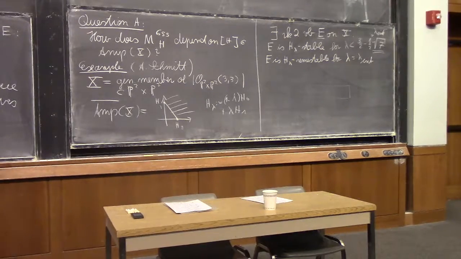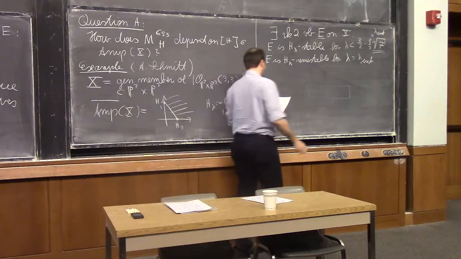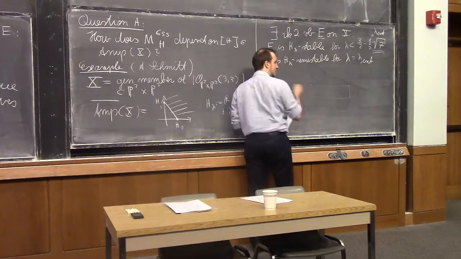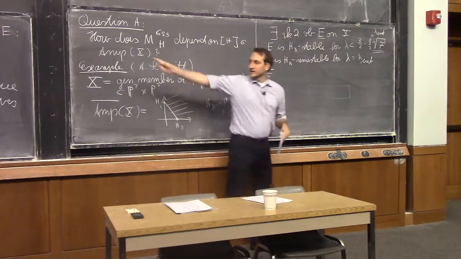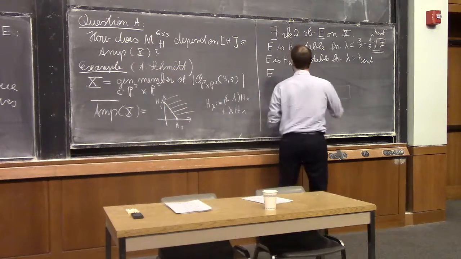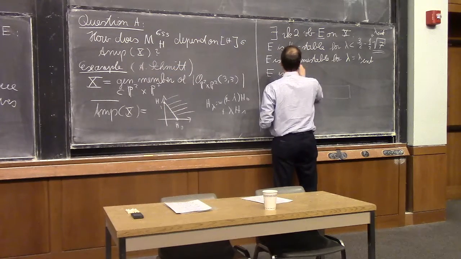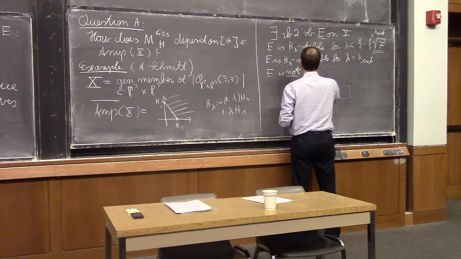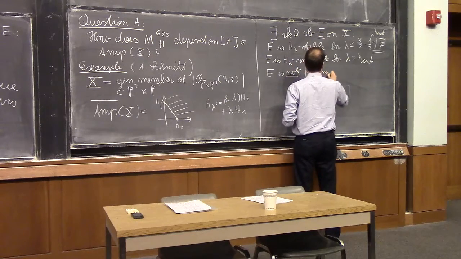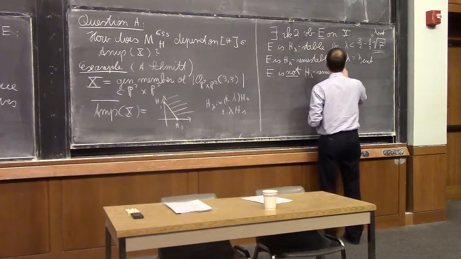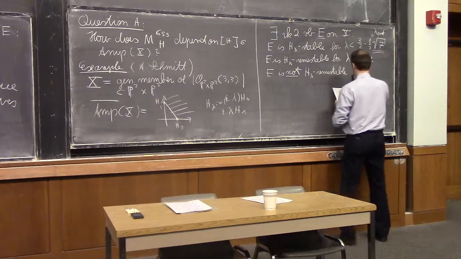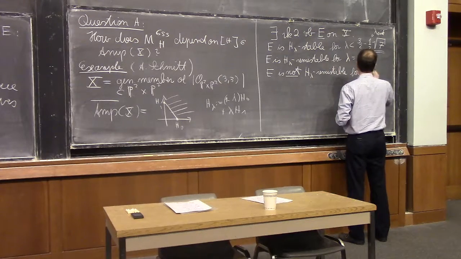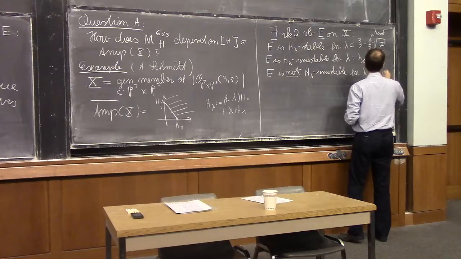And then if I move beyond the critical value, it's unstable. So the same subsheaf will violate the inequality. So E is not H lambda semi-stable for lambda bigger than the critical value.